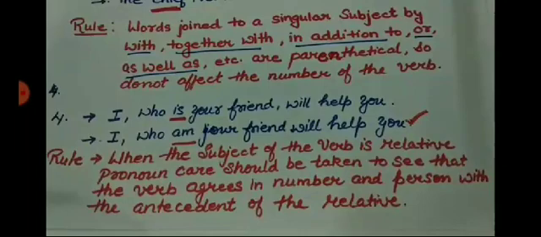Now why? According to the rule, when the subject of the verb is a relative pronoun, like "who", care should be taken to see that the verb agrees in number and person with the antecedent of the relative.